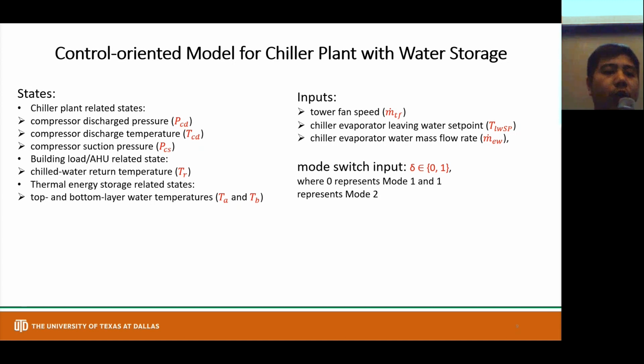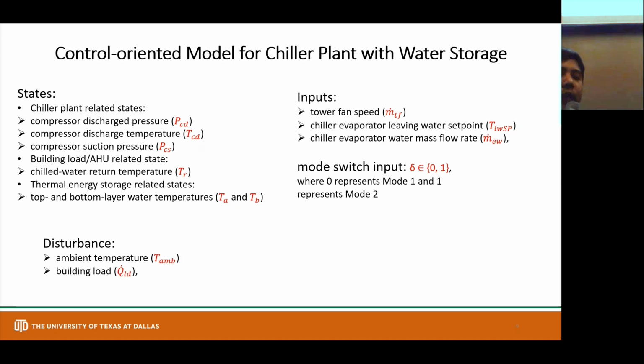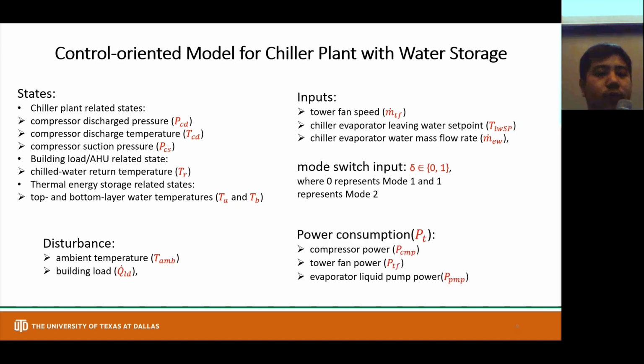Additionally, we use the mode switch as an integer input, 0 or 1. 0 represents mode 1 and 1 represents mode 2. On the disturbance side, we have two disturbances, the ambient temperature and the building load. The total power contains three parts, which come from the compressor power, tower fan power, and the evaporator pump power.